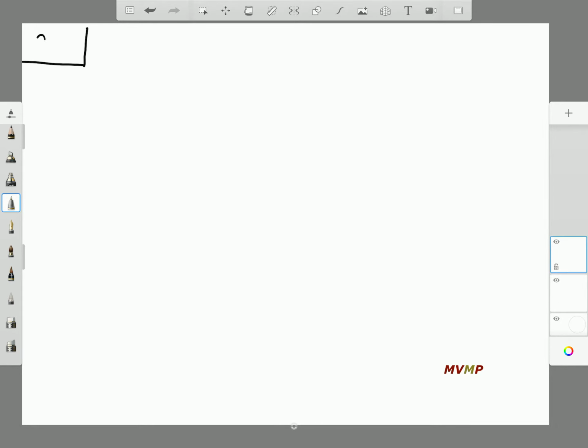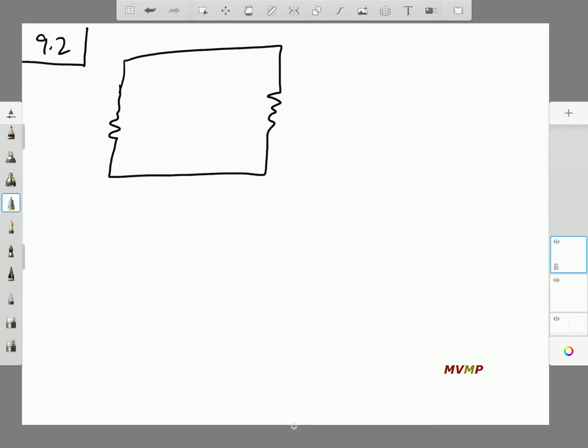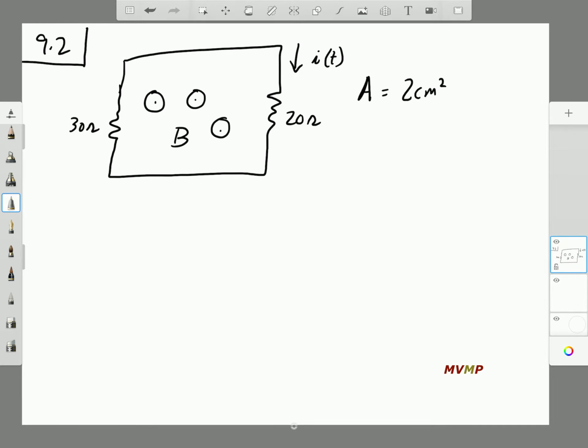So we're going to work on problem 9.2. The diagram we are given is a rectangle with a 30 ohm and a 20 ohm resistor, and we are to find I(t). It says that the B field is out of the page in the a_z direction, and that the area is 2 centimeters squared.